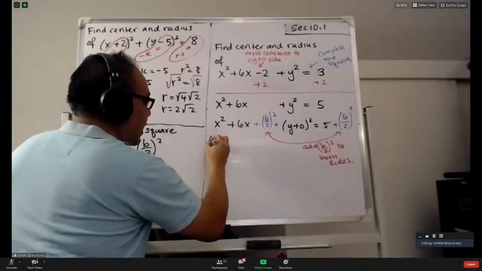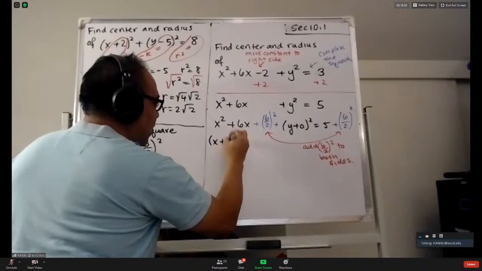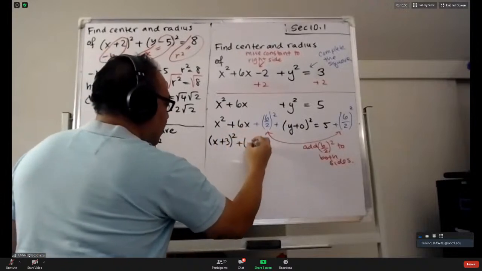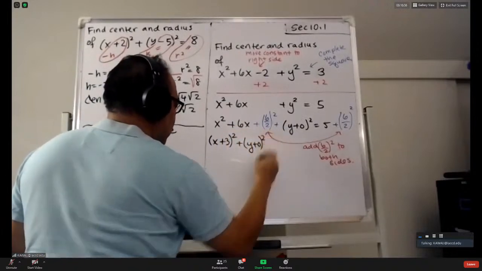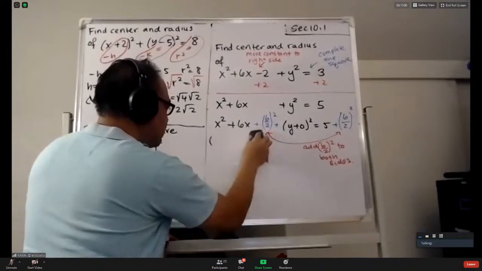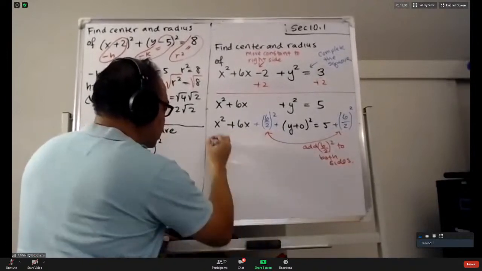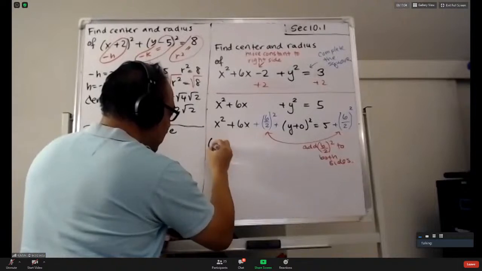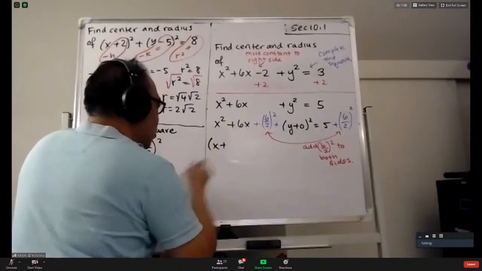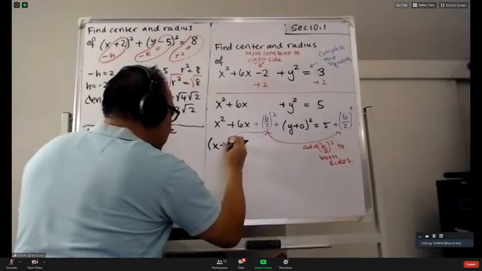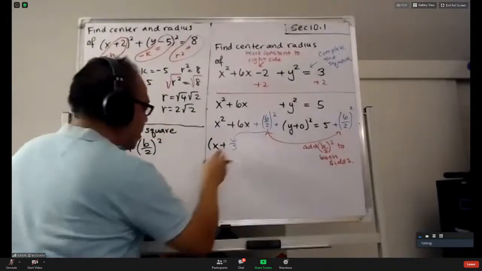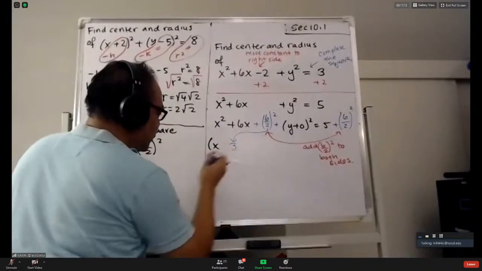So now I get x plus 3 squared plus y plus 0 squared is, let me move it down a little bit. X plus whatever is in here goes here, right? So it's a positive 3.